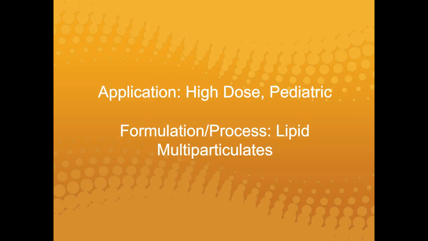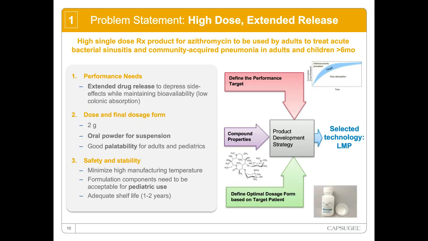The first case study today relates to the compound azithromycin, where there was a need to develop a new high single-dose product to be used by both adults and children to treat community-acquired pneumonia. Azithromycin exhibits high solubility in gastric fluid, which leads to rapid absorption from the small intestine.